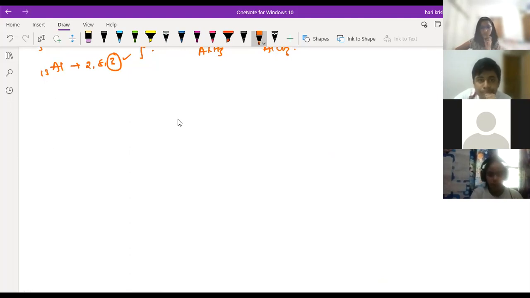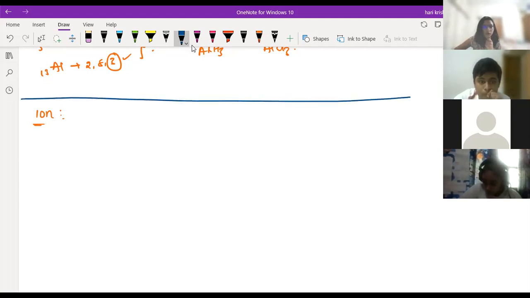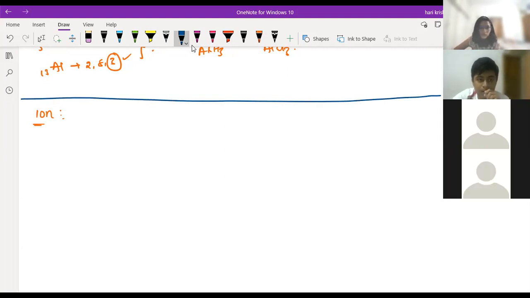Now, what is an ion? Suppose I give any element in the periodic table, can you find first the electronic configuration? Second, the valence electrons in that?